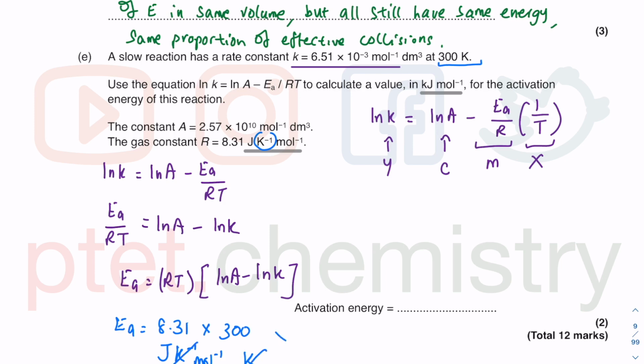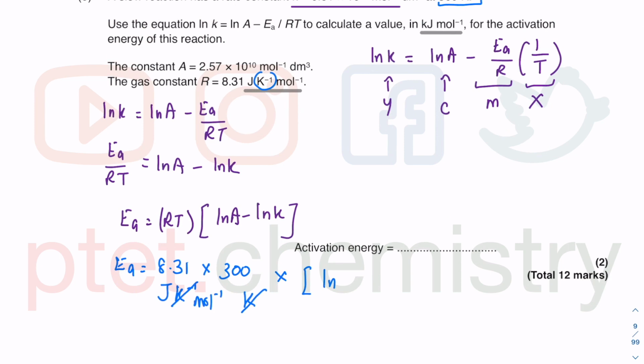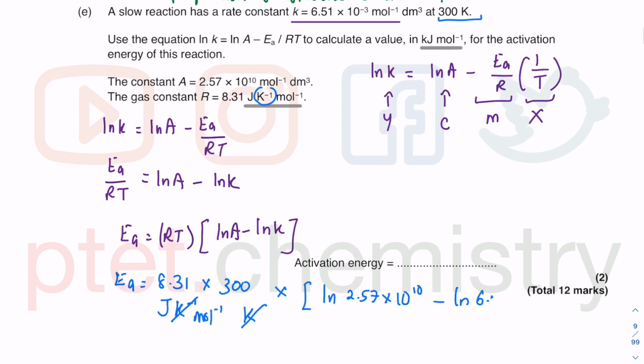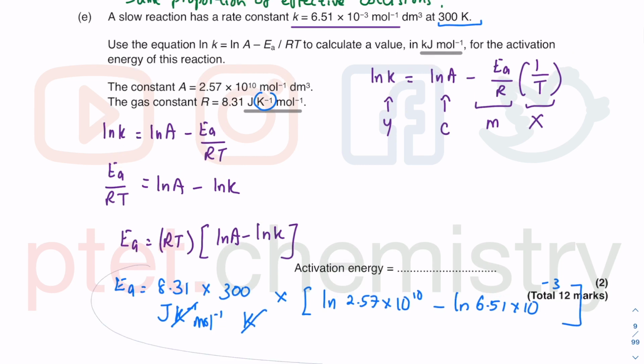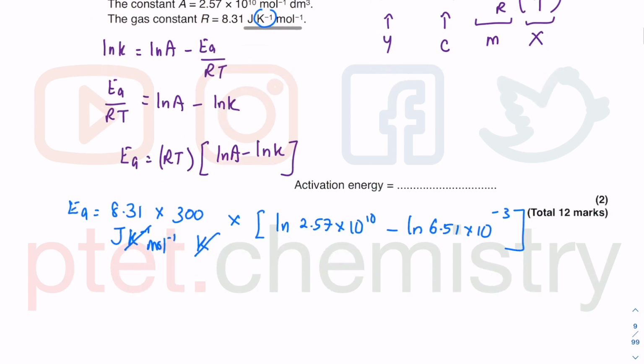Kelvin and per Kelvin cancel, and I'm just putting in all the values. So ln of 2.57 times 10 to the 10 minus ln of 6.51 times 10 to the power minus 3, and we do a square bracket. Not too sure how well that appears on your screen, but that's the best I could do. And just press your calculator.